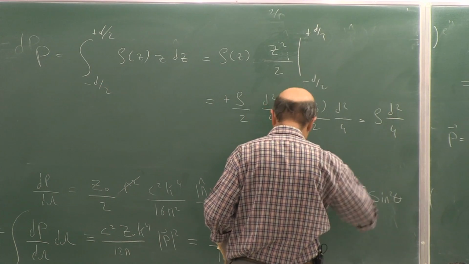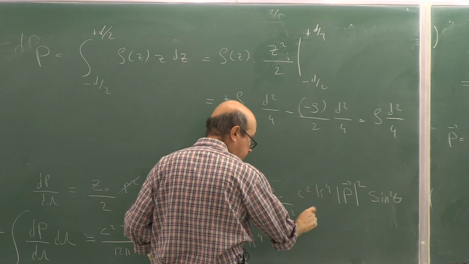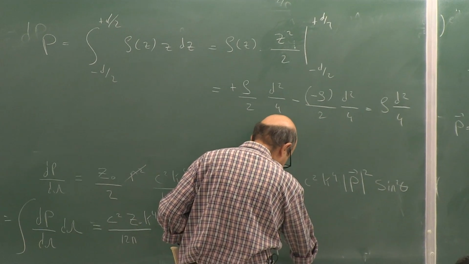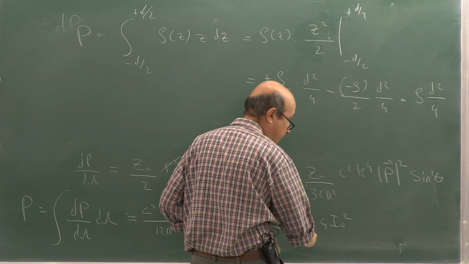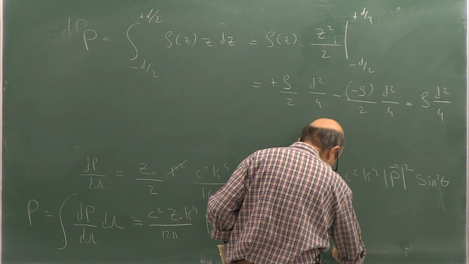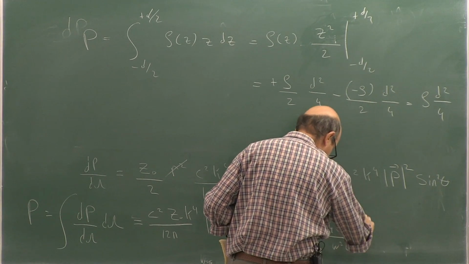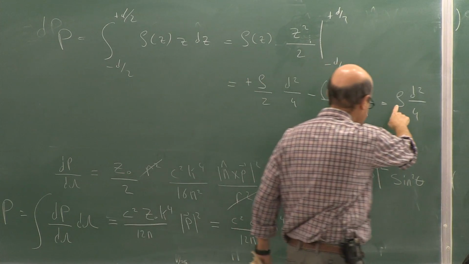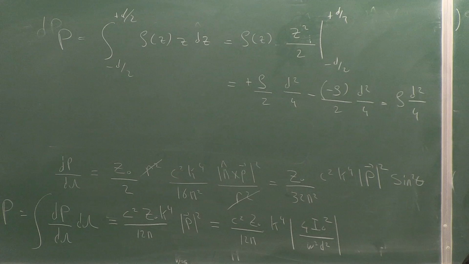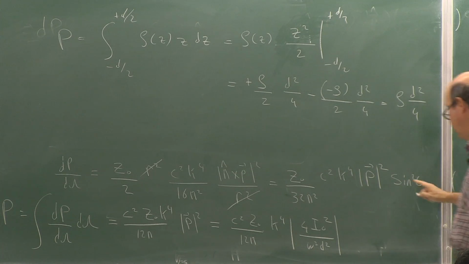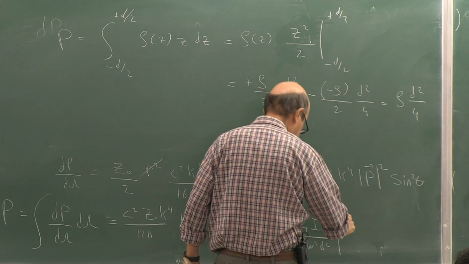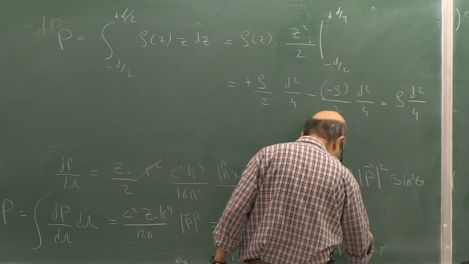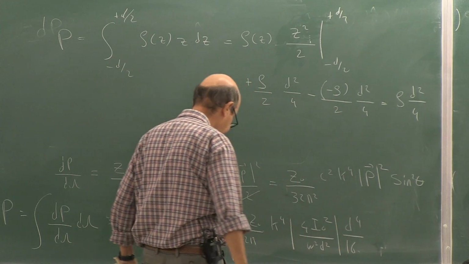The square of this rho magnitude is 4 I0 square over omega square d square. You have the rho, and you should have the square of that, and d to the 4 over 16.